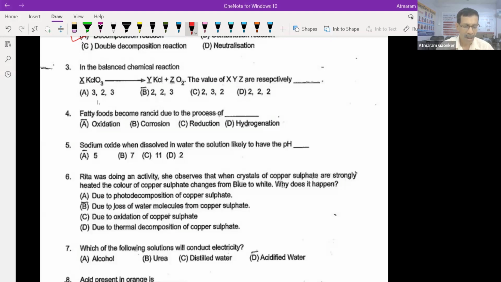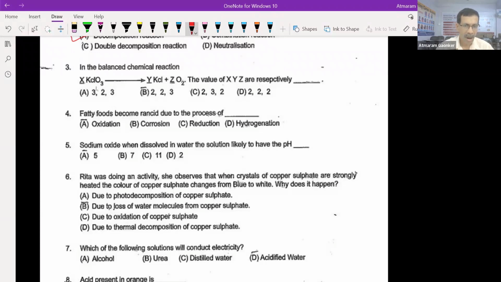So if you put here 2, that will be 2 potassium, and here also if you put 2, there will be 2 potassium. So with 2 and 2, it is getting balanced, and so you try with 3 as oxygen.